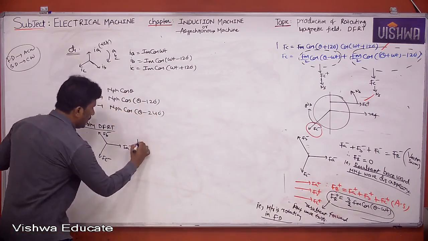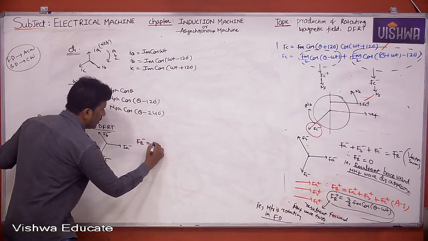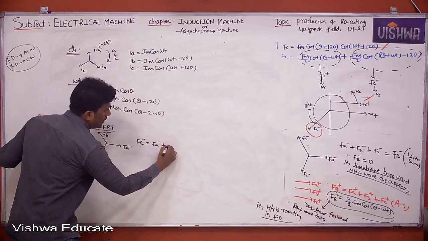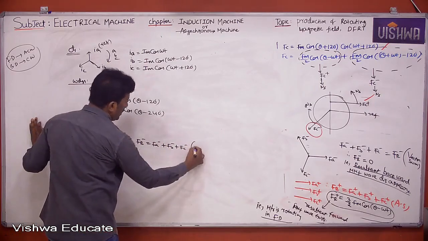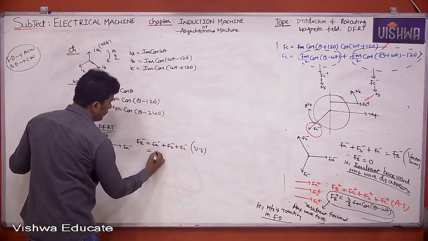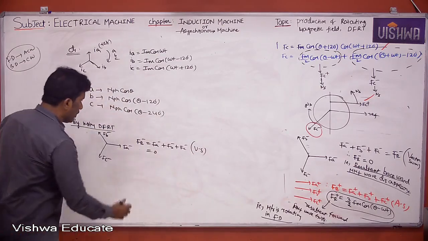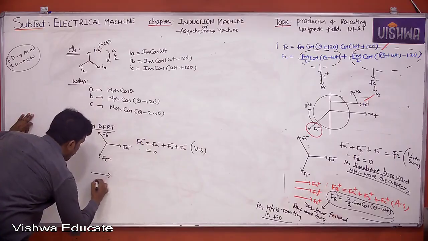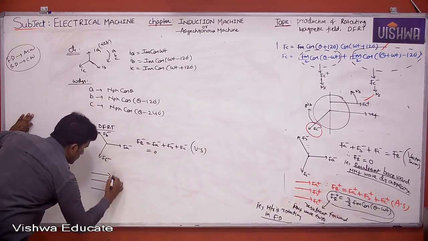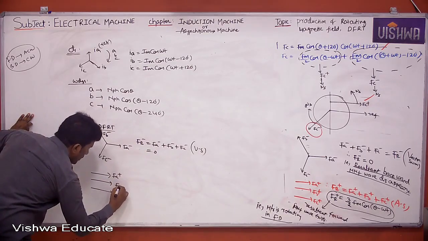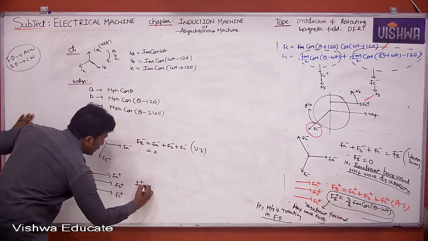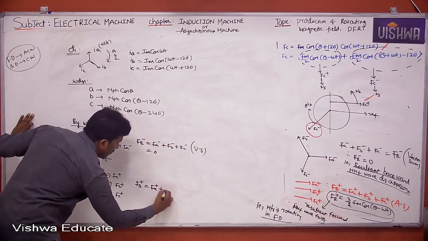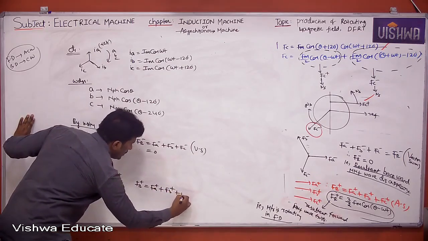So I wrote here Fr minus is equal to Fa minus plus Fb minus plus Fc minus, it's a vector sum, which is 0. Now what about the resultant forward components Fa plus, Fb plus, Fc plus? Fr plus is equal to Fa plus plus Fb plus plus Fc plus.